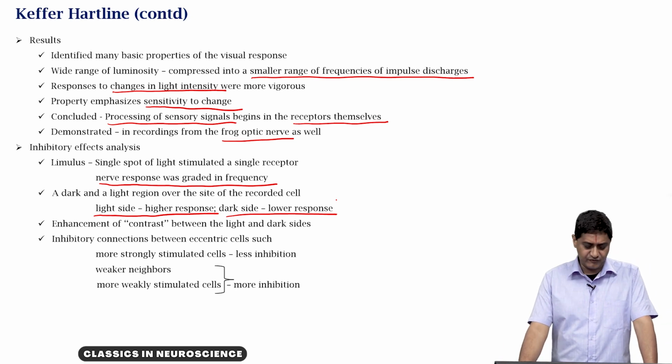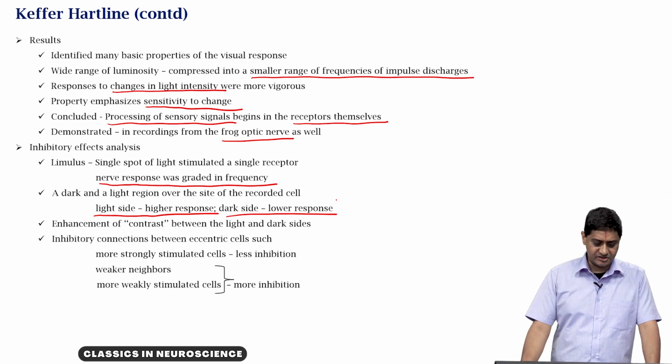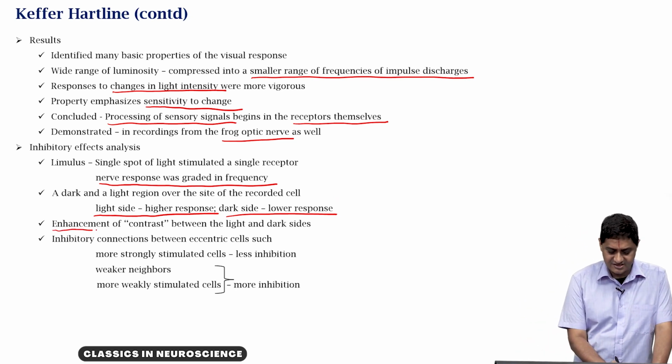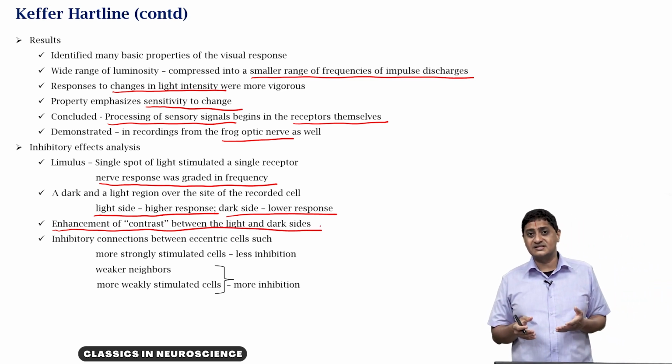But what he also found was that there were inhibitory connections between eccentric cells such that those cells that were more strongly stimulated had less inhibition and their weaker neighbors had more inhibition. Thus, there was an enhancement of contrast between light and dark sites.